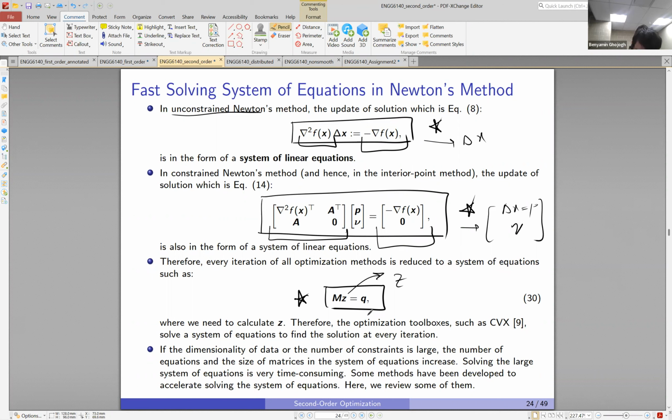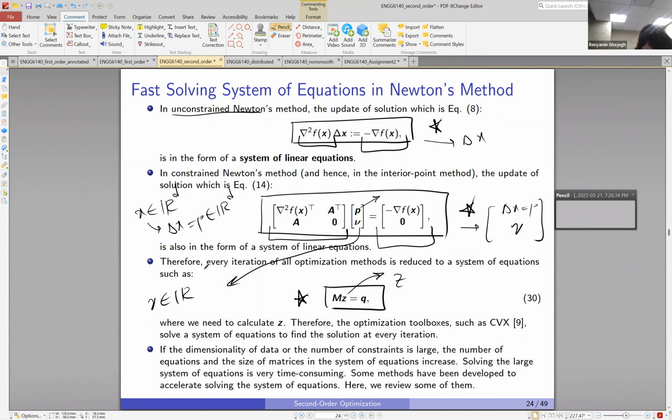Note that the dimensionality of p is D. When x is a D-dimensional vector, then delta x or p is also a D-dimensional vector. What about nu? The dimensionality of nu is the number of equality constraints.